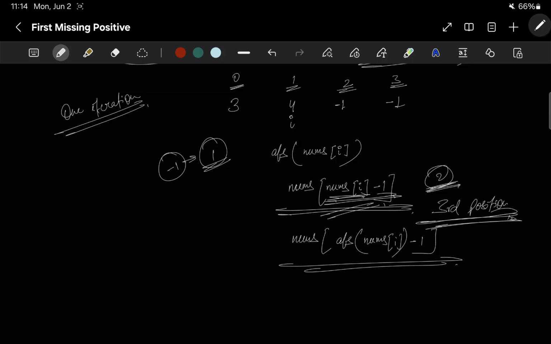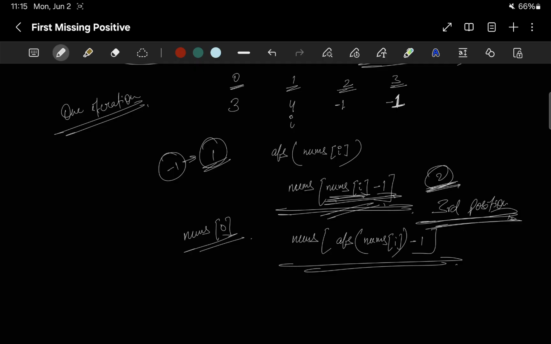Okay, so that makes it nums[0], but we do not want that as well, right? What we also want is that we know we can reach this point, but we know that this is a negative number. We should not have to deal with the negative number.